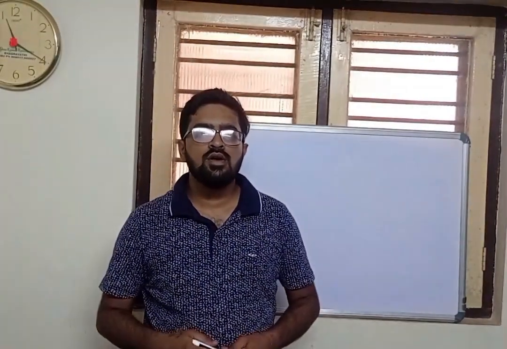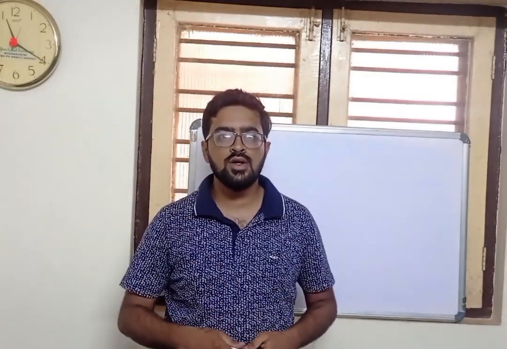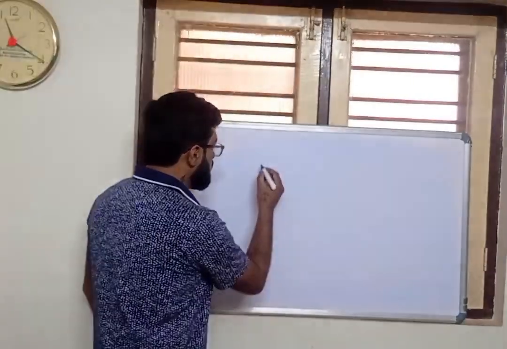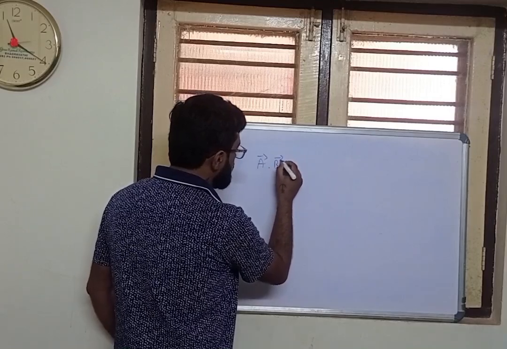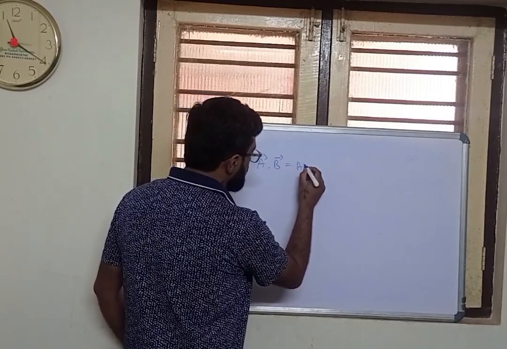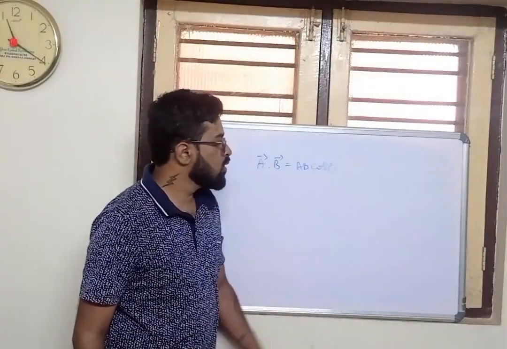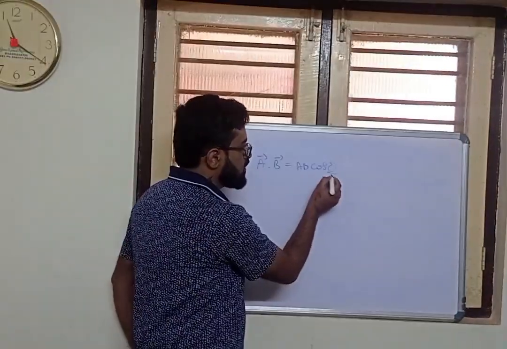Now we need to find the angle between the two vectors. How do we find it? How do we denote scalar product? We denote scalar product or scalar multiplication as vector A dot vector B is equal to AB cos of theta. So in this, what we need to find is the angle between the two vectors, that is theta.